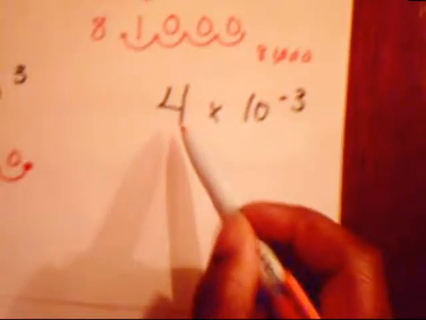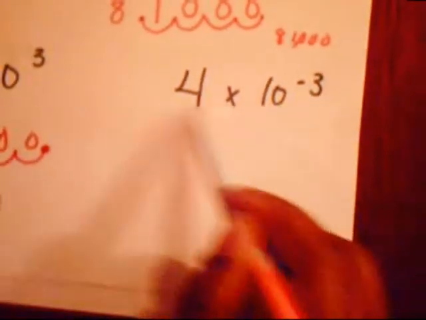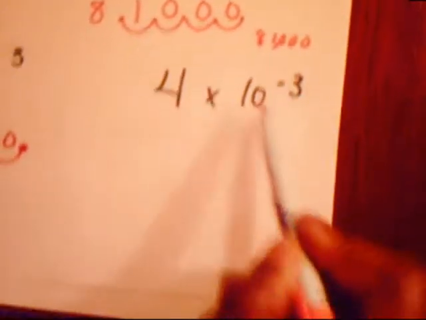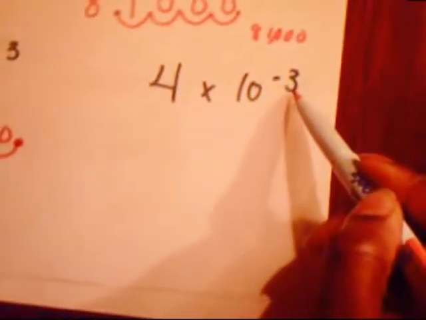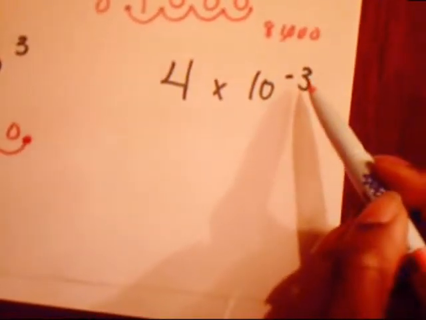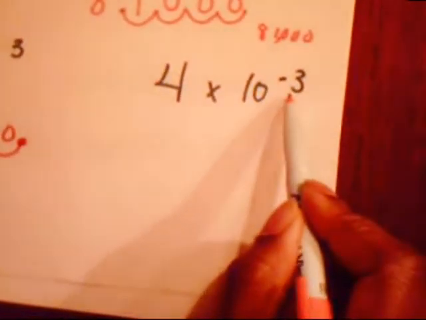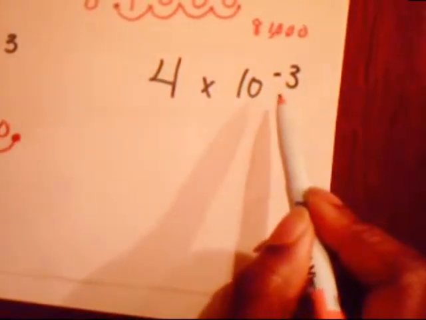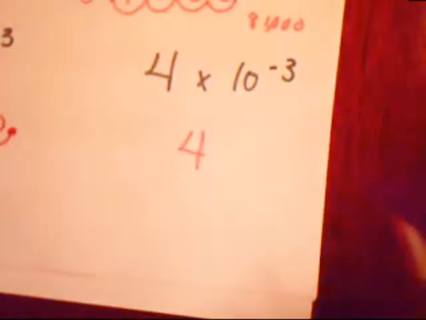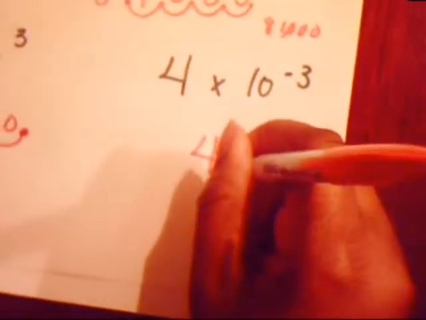Okay? Let's look at a negative exponent. Here's the same scientific notation problem from before, but this time 10 is being raised to the negative 3rd power. So instead of moving the decimal point 3 places in a positive direction, I'm going to move the decimal point 3 places in a negative direction. So my natural decimal point for 4 falls right here.